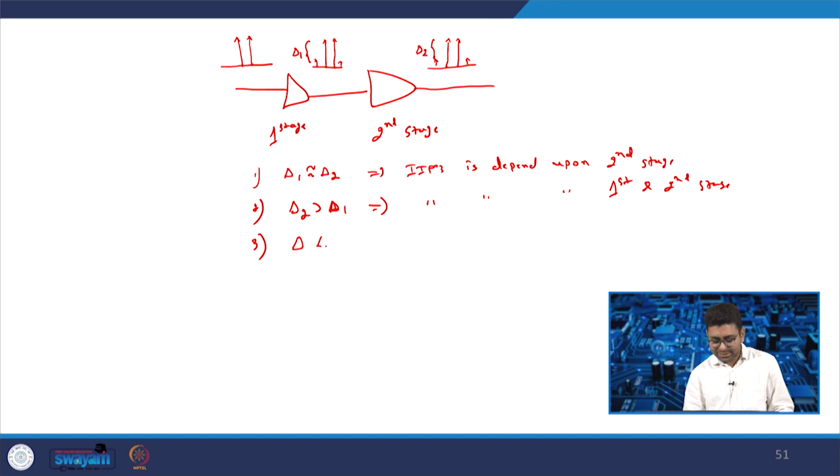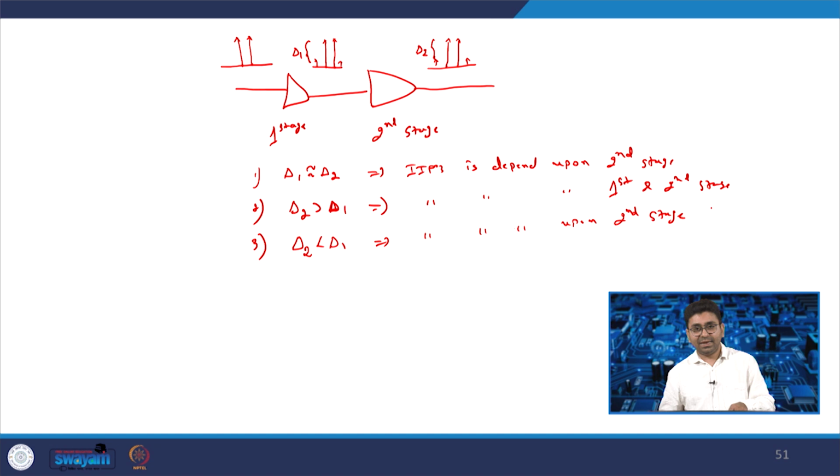And we should always avoid delta 2 being less than delta 1. Let us say your preceding stage has good linearity performance, but if your second stage does not have good linearity, then delta 2 is less than delta 1, meaning this difference is less. Then again IIP3 depends on the second stage.